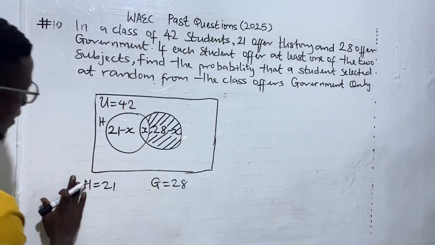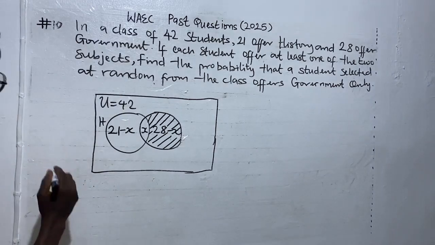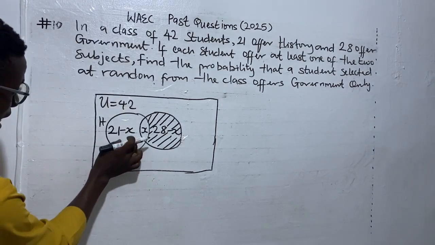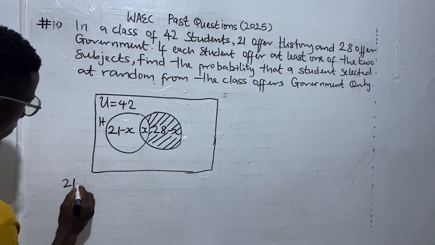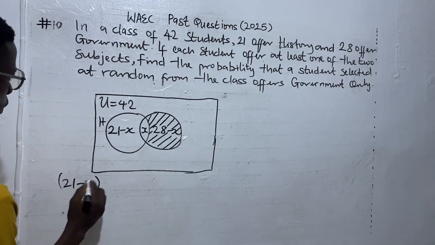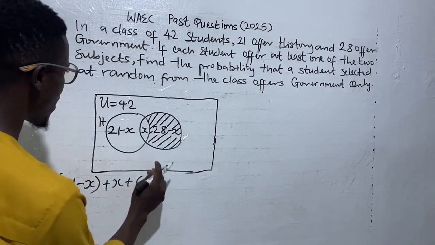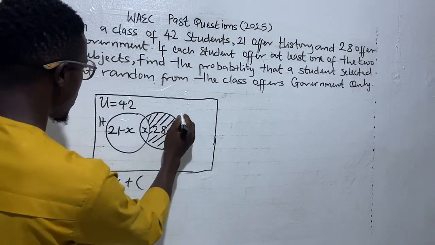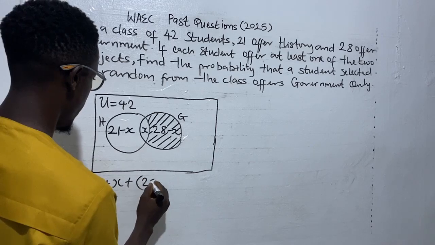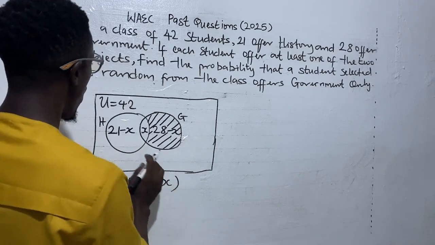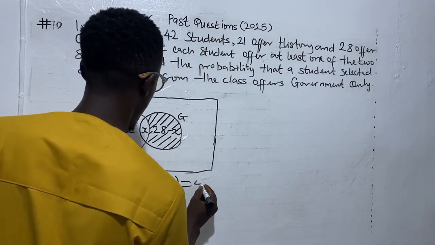We know that the total number is 42. So we can write the expression this way: this side, which is 21 minus x, when you add it to the intersection plus x, then add it to only government, which is 28 minus x, all of it together should give us 42.